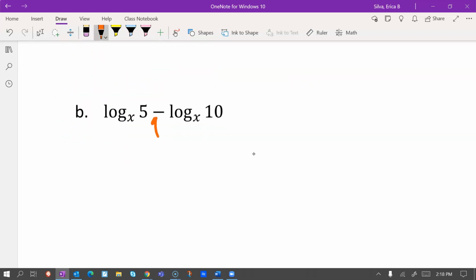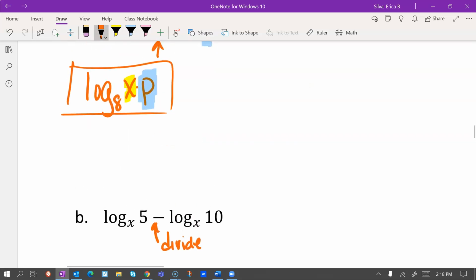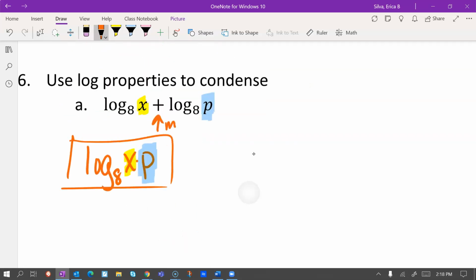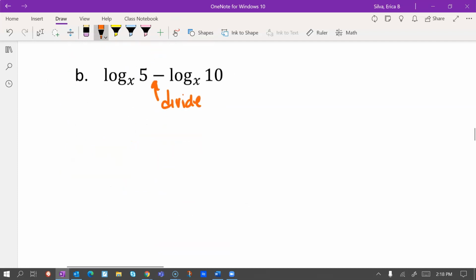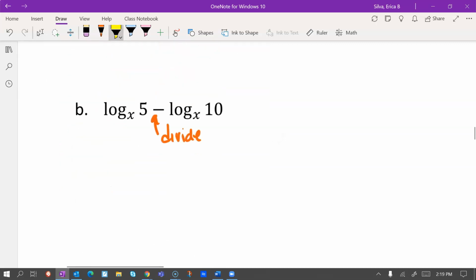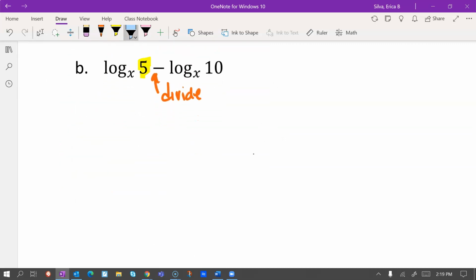This one's being subtracted. That means we're going to divide them. I'll write down multiply up here. So we've got 5 and 10. So log base x, and then the first number is my numerator.